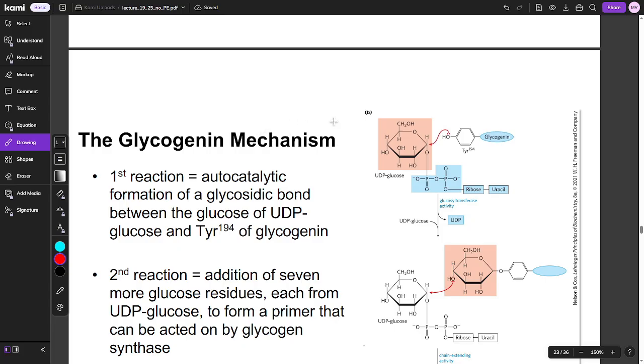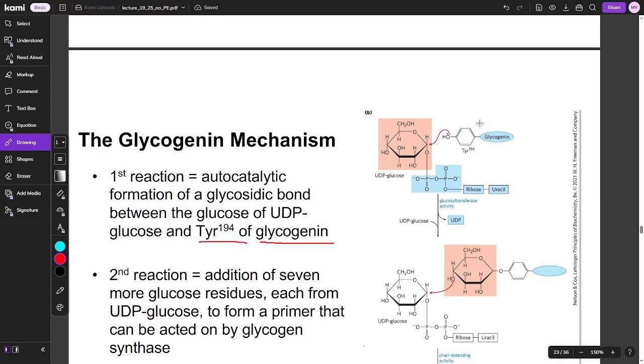So here is the example of that. If we look at this, you've got glycogenin, and it's basically an autocatalytic formation here. So you form a glycosidic bond between glucose and the tyrosine of glycogenin. The tyrosine acts as a nucleophile.